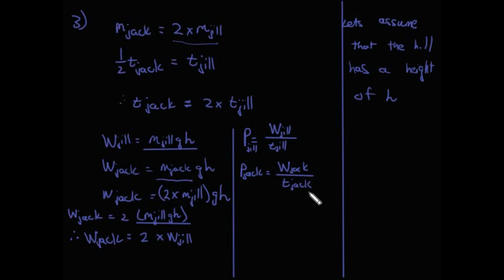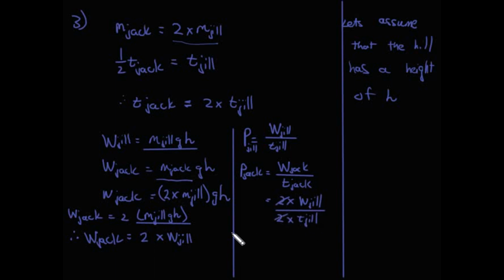Now, what do we have? We know that the work of Jack is equal to twice that of Jill, and we also know that T of Jack is equal to twice that of Jill as well. So we can sub in there. The work of Jack is twice the work of Jill, so 2 times the work of Jill over 2 times the time of Jill.